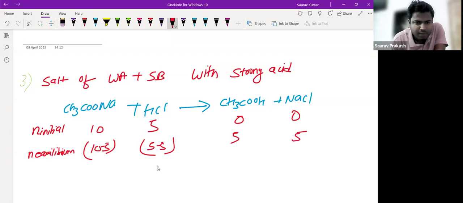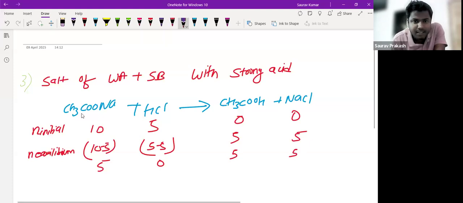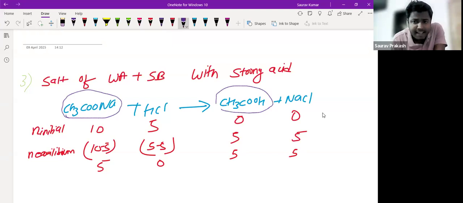So it becomes 5, 0, 5, and 5. So what is left in the reaction mixture? CH3COONa and CH3COOH, and NaCl will again get dissociated.